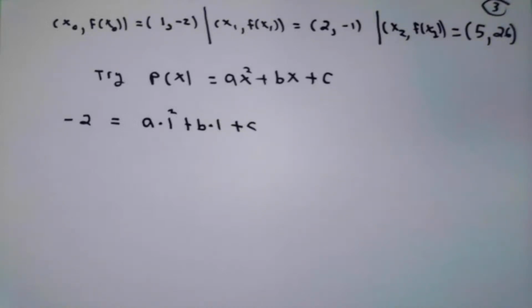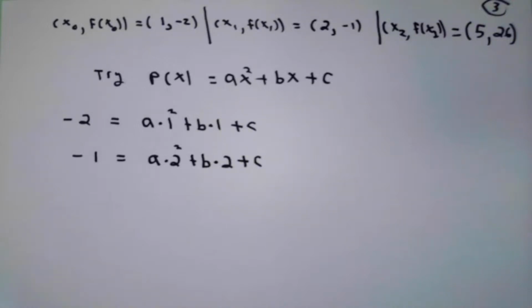So -2 must be what I get when I calculate a times 1 squared plus b times 1 plus c. -1 needs to be what I get when x is 2. -1 needs to be a times 2 squared plus b times 2 plus c.